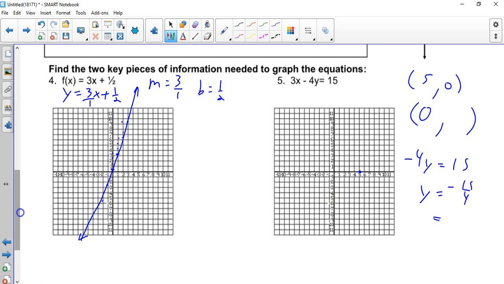Probably easier if you turn it into a mixed number, so that's going to be negative 3. 4 times 3 is 12. That leaves 3/4. So that's going to give me negative 3 3/4. So 0, down 3, kind of hard, but they're in between, negative 3 3/4, close to 4, and there's my line.